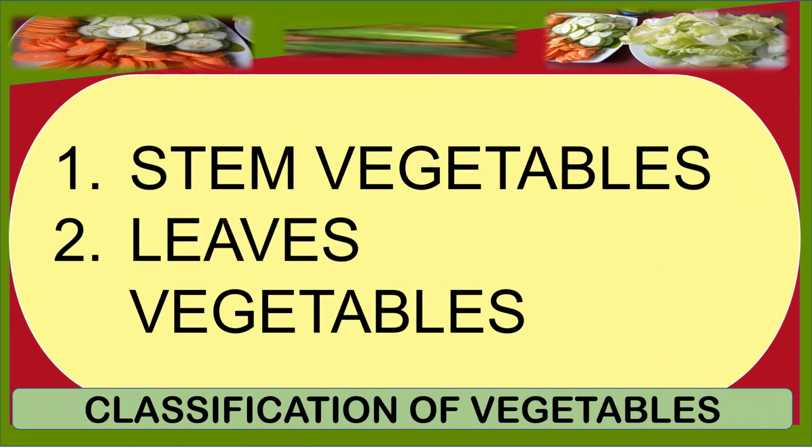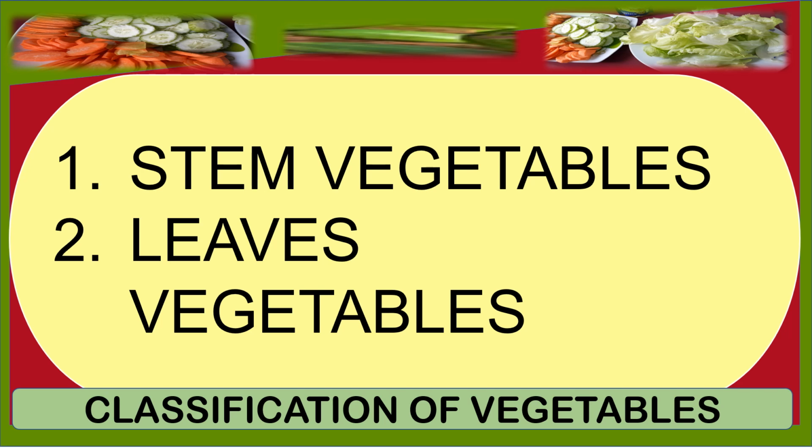Classification of vegetables. Vegetables are one of the categories of food that can be obtained from any part of edible plants. These edible parts can be, number 1, the stem, or the stem vegetables.